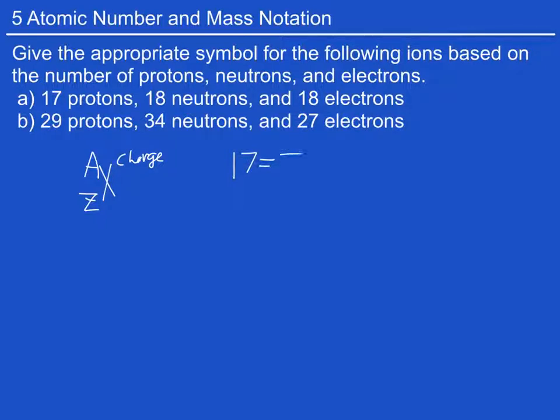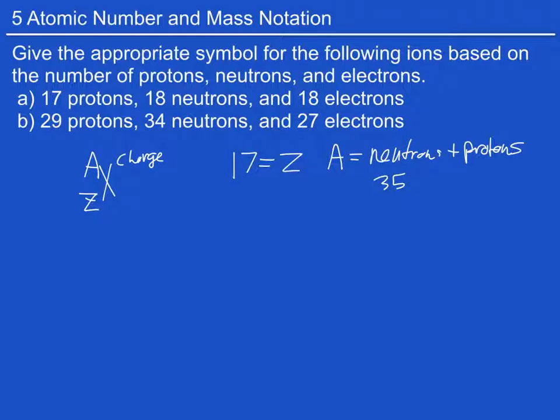So 17 is equal to Z. Now looking at the neutrons, we know that the mass number A is equal to the number of neutrons plus the number of protons, which means that it is equal to 35. 17 plus 18.